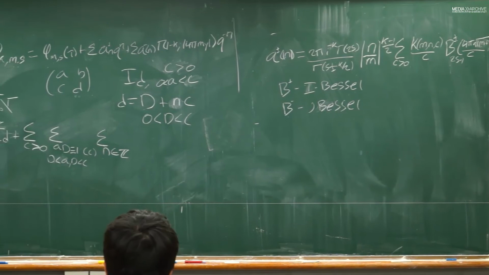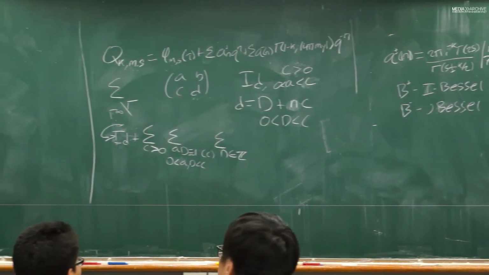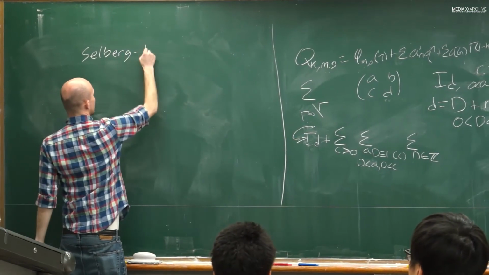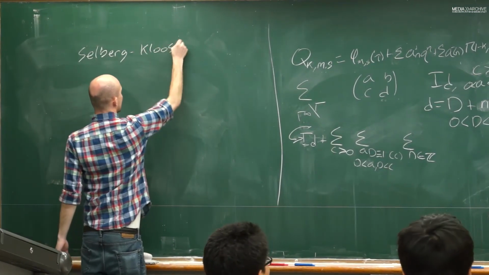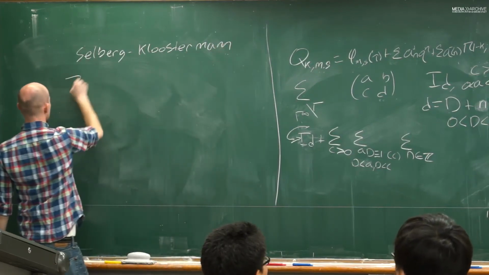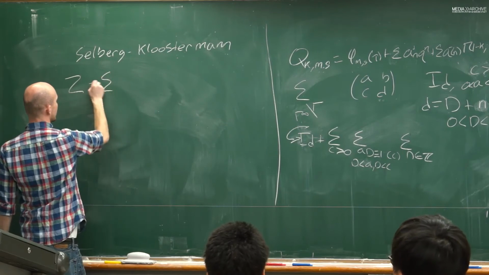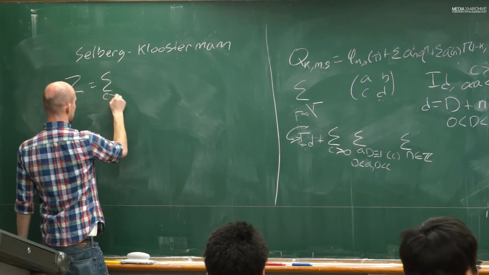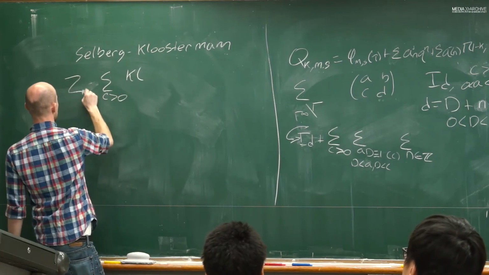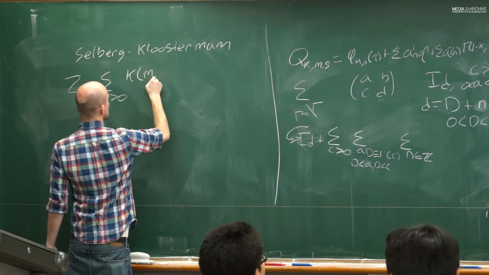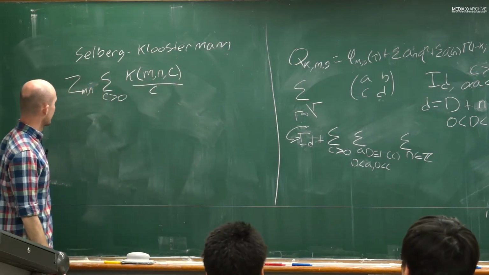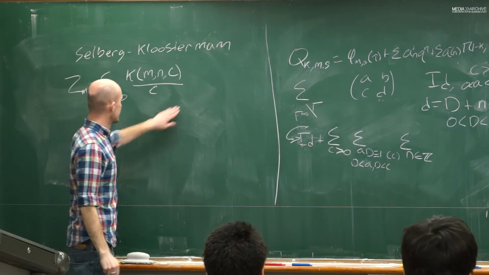So this comes down to this question about the Selberg-Kloosterman zeta function, which is given by the sum over C greater than 0 over C. Okay. The question is, does this converge?